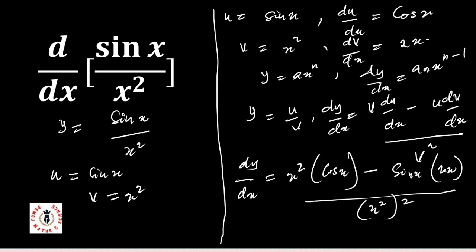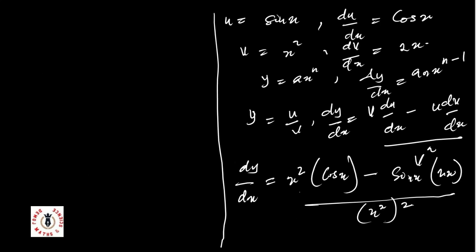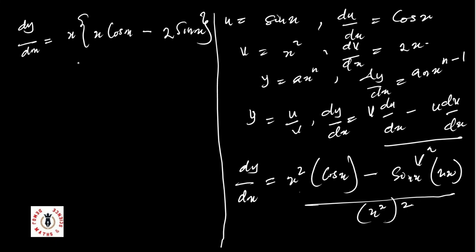Now, so that we can simplify, my dy dx will now be equal to, I'll factorize with x: x cos x minus 2 sine x, all over x raised to power 4.